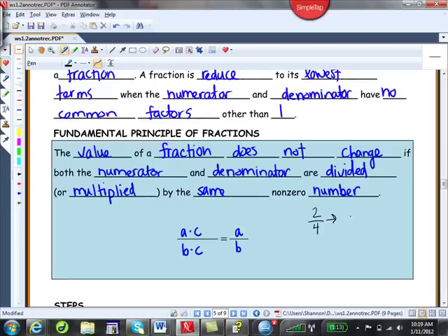So we could write this as 1 times 2 over 2 times 2. So the C in this example is this 2 here. So what would we get? This means that this number 2/4 is equivalent to 1/2.